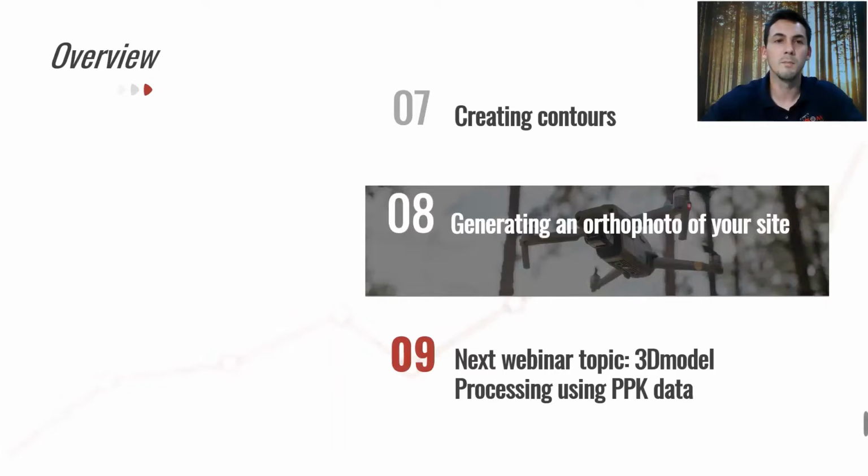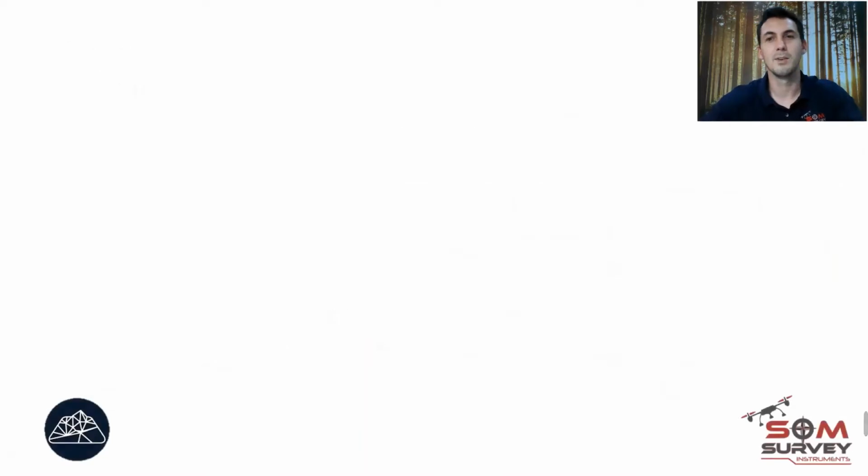So these will be the main topics that we'll cover in this webinar, and then our next webinar will be about how to use your PPK data that you have generated or created from your drone. So that's a very interesting one, and be sure not to miss that one. So without further ado, let's jump into the webinar.